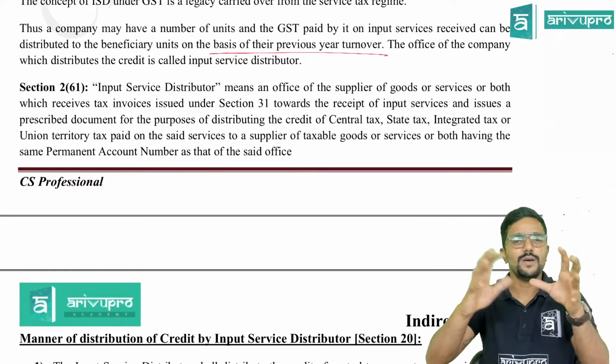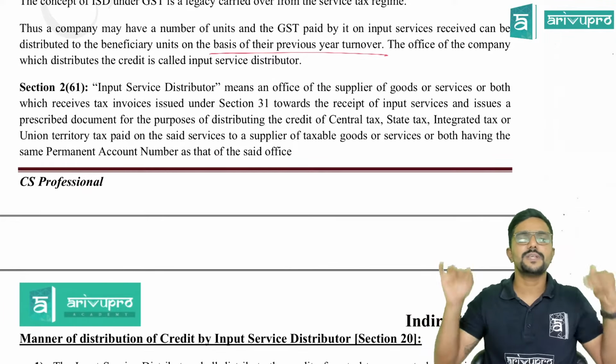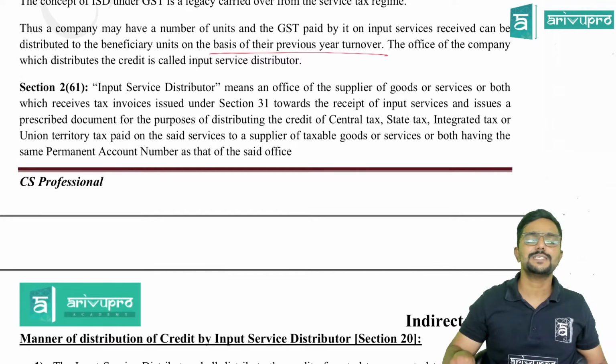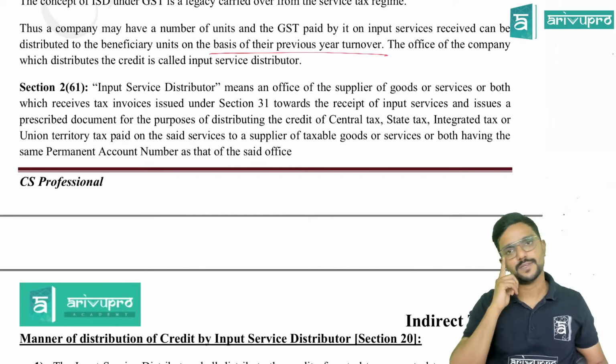Means whoever is registered, a branch office will obviously be registered under the same PAN. So the input service distributor will distribute the credit to the branches who are registered under the same PAN and who are using that service.